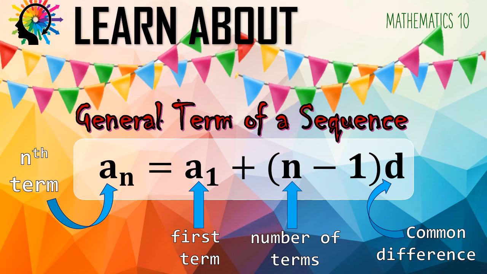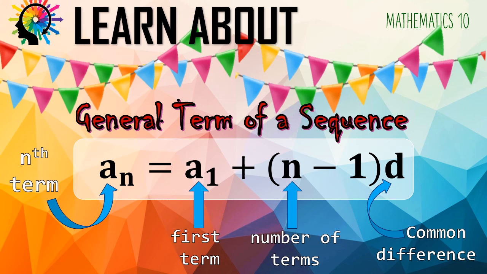I'd like you to take note that in solving problems involving arithmetic sequences, you need to sort out the necessary data such as the first term, the number of terms, and the common difference, so that you will be able to find the value of a particular term, a sub n.